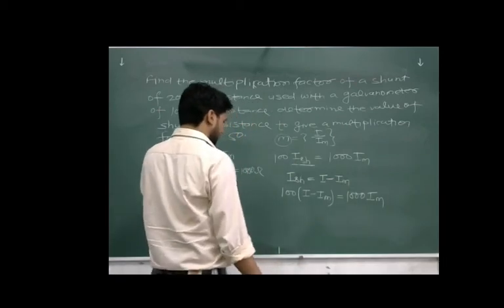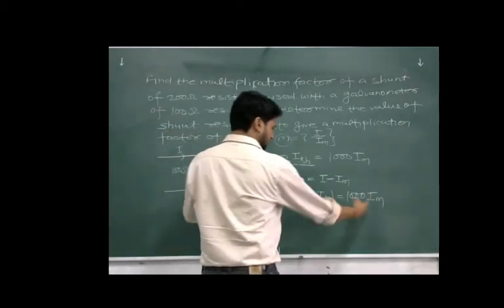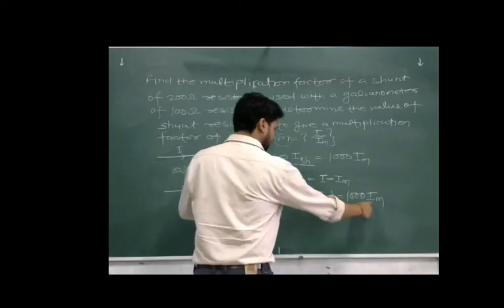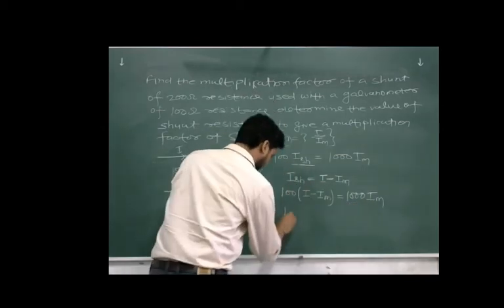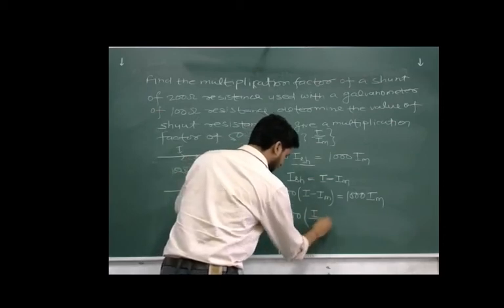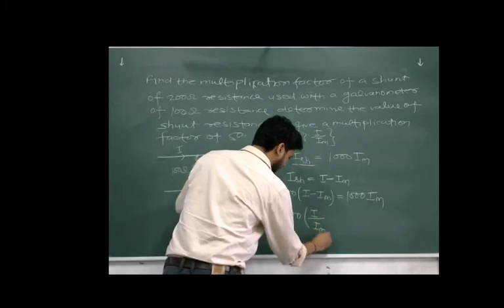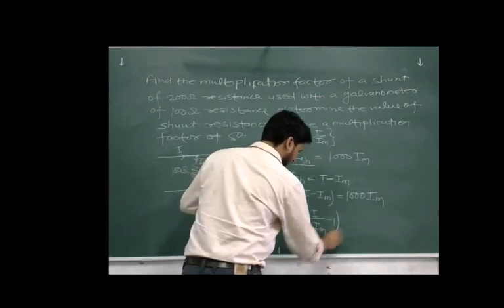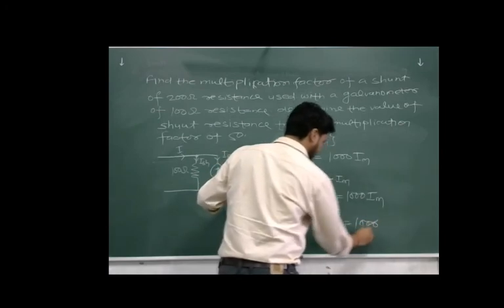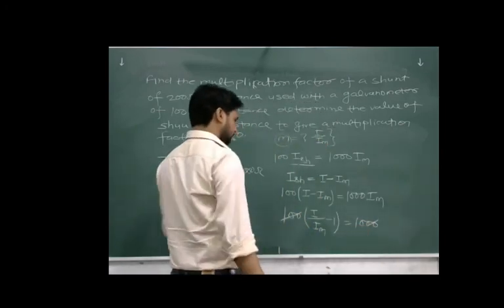From here we can write that, divide both sides of this equation by Im. We will find 100 into I upon Im minus 1 is equal to 1000. This will be cancelled out.